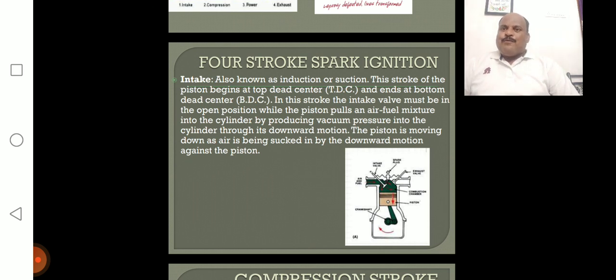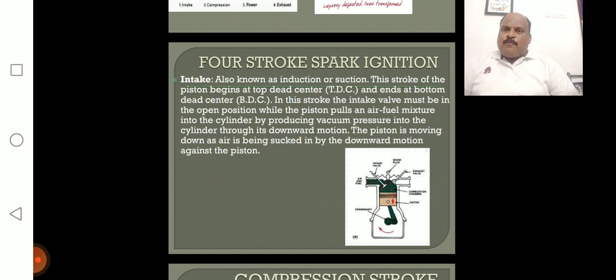You can see in the image, when the intake stroke is going on in the engine, that time the intake valve must be open, while the piston pulls an air and fuel mixture into the cylinder.